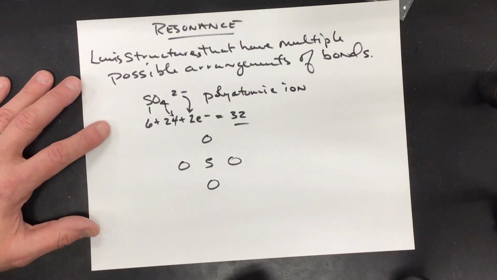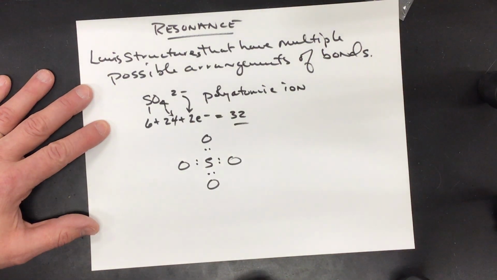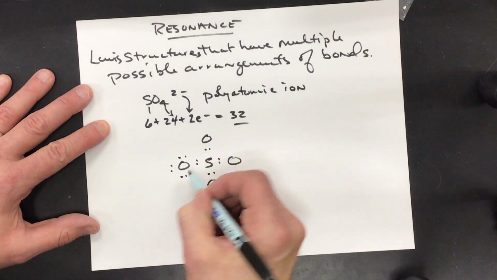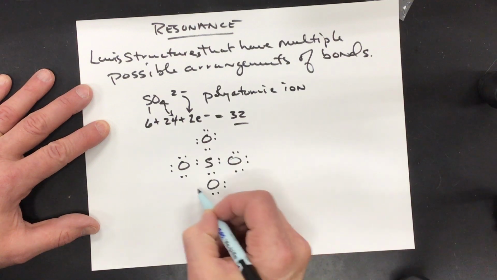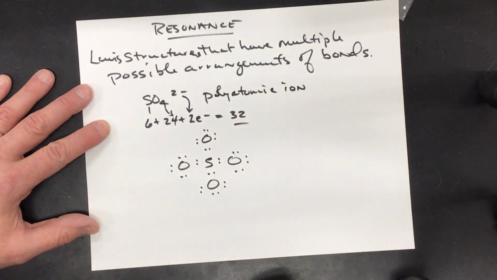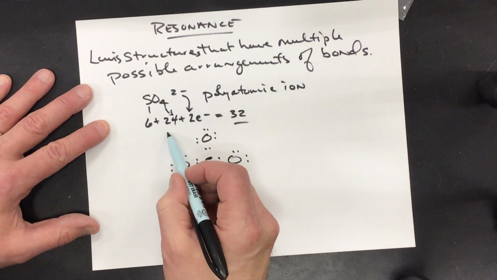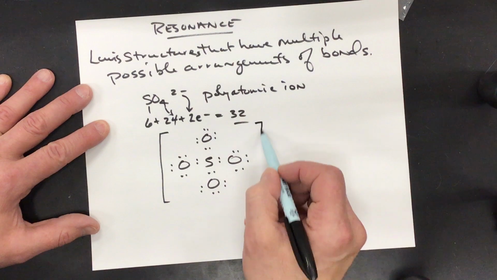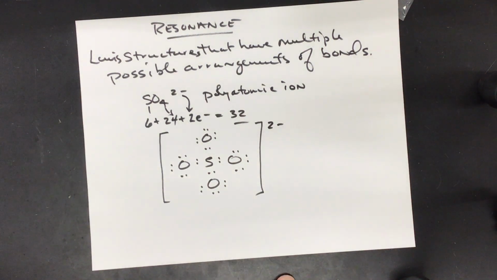All right? Those 4 oxygens surrounding then need to have their bonding pairs. Now we complete the octets of the surrounding atoms. Now the difference with this particular structure is, since it's 2 extra negative charges, we're going to put square brackets around this, and we're going to indicate that it's got a 2 negative charge. That's the Lewis structure, one of the forms for SO4, the sulfate polyatomic ion.